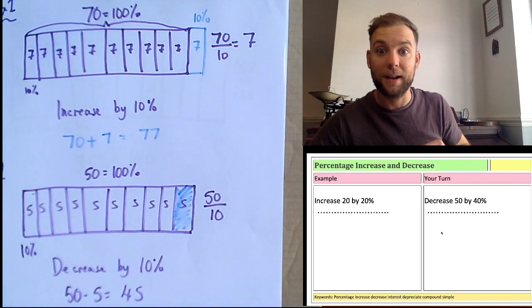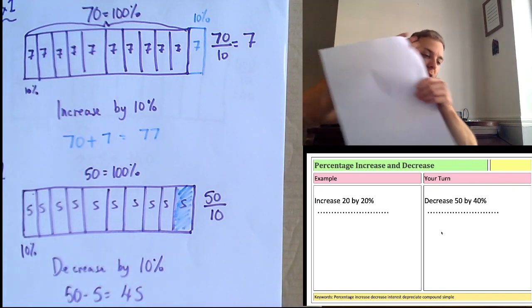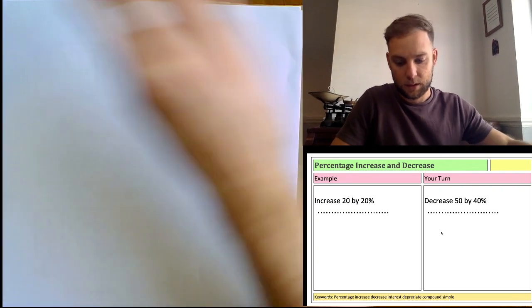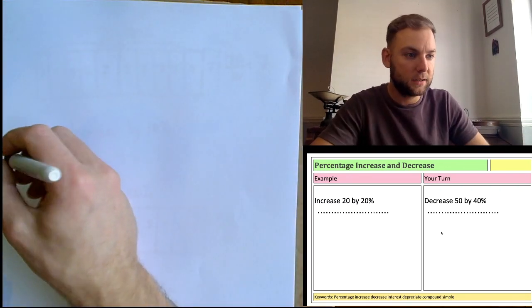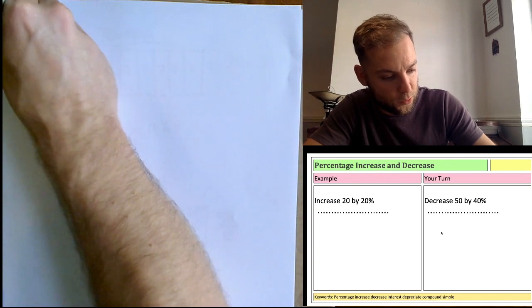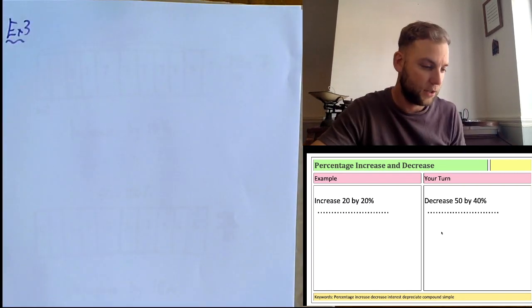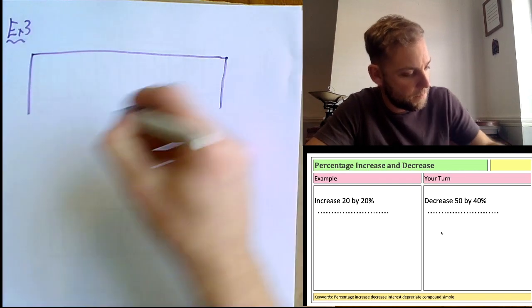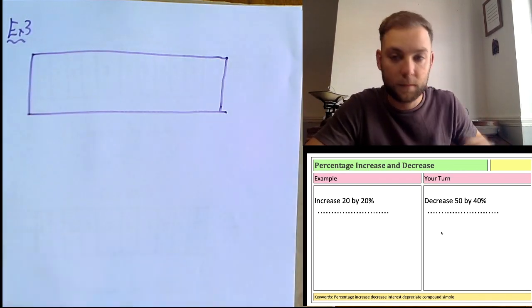So increase 20 by 20% this time. So then we're going to use the bar method again. So here now we've got example 3, increase by 20%. So let's draw my bar first of all, like so. Super.